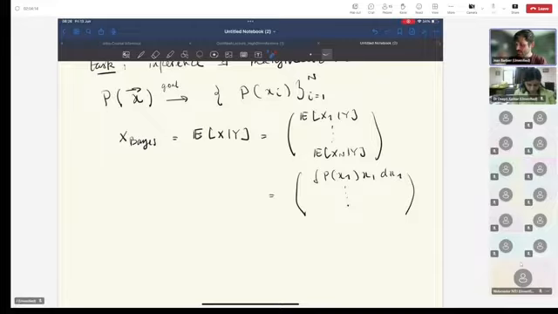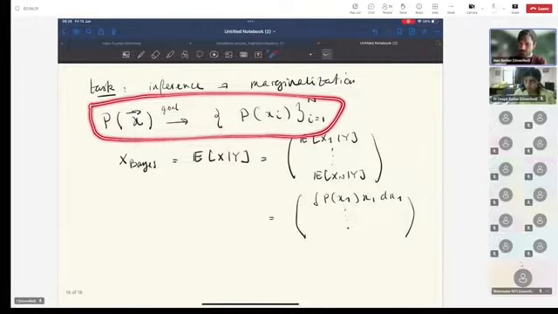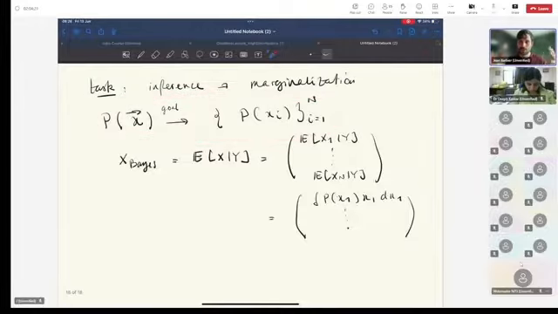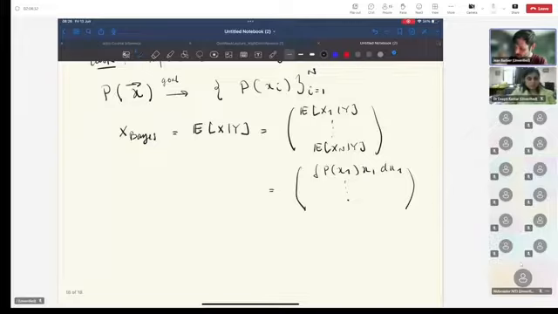Really the goal is to solve the marginalization problem. You have a joint distribution, and you want to compute marginals. Computing the marginal directly in general is a hard problem, and that's why you need an efficient way to do it.